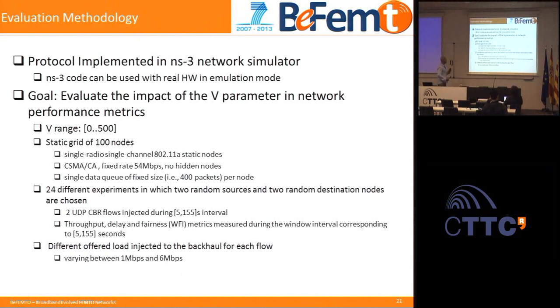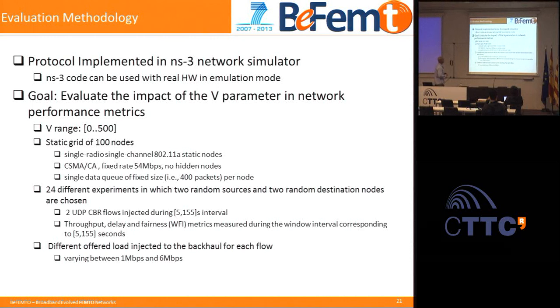So basically, we injected 2 flows, and we carried out several experiments varying the traffic injected to the network of femtocells between just 1 megabit and 6 megabits for every flow.